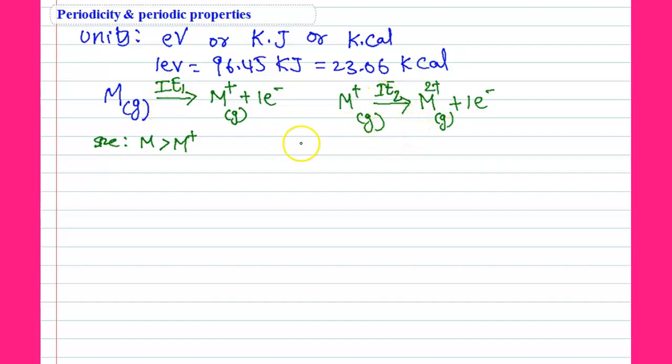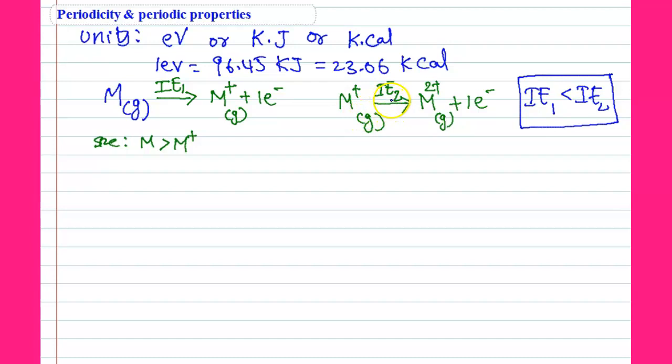Actually, an important point here is IE1 is less than IE2. Why? Compared to M, M plus has a smaller size. Smaller size means the nuclear attraction on the valence electrons is more. More nuclear attraction means removal of electrons is very difficult, so we have to apply more energy.